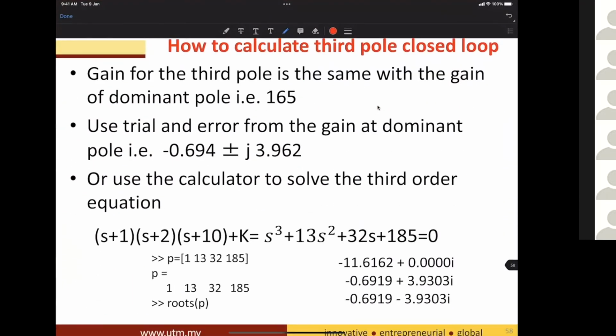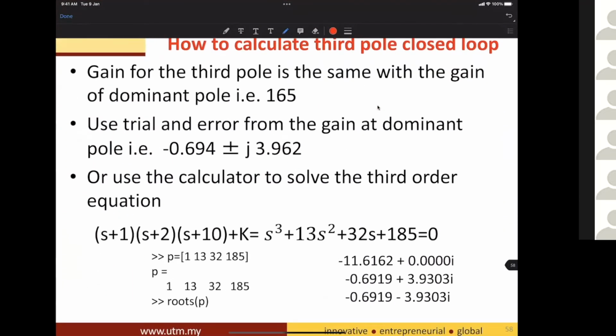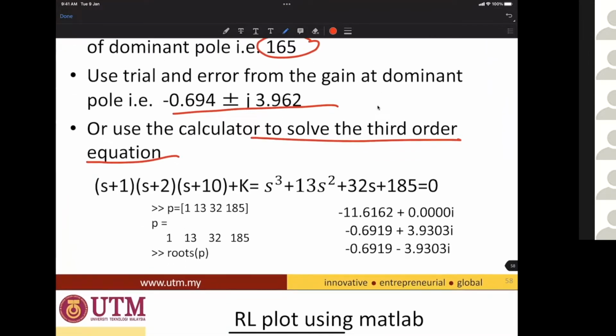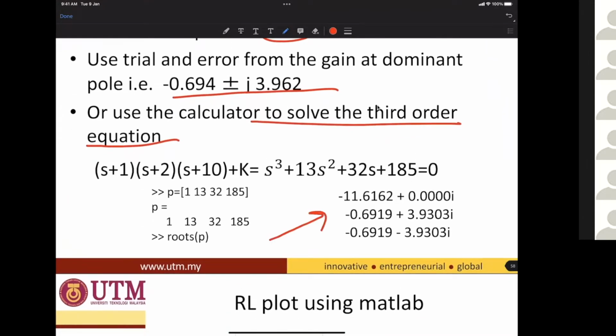Jadinya gain for the third pole is the same with the gain of the dominant pole, which is 165. So this try and error, okay, from the gain of the dominant pole, maka kita boleh kira dia punya third order equations, which is this one yang tadi tu. Siapa kira tadi? Ha, ni. Right.